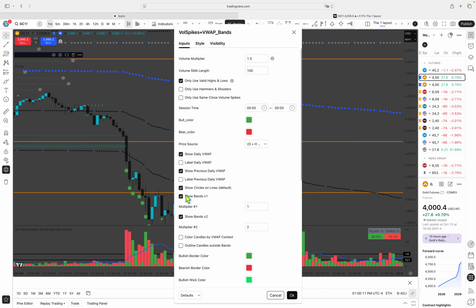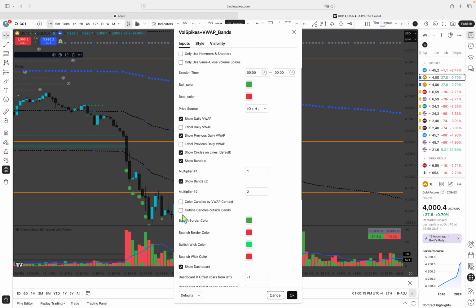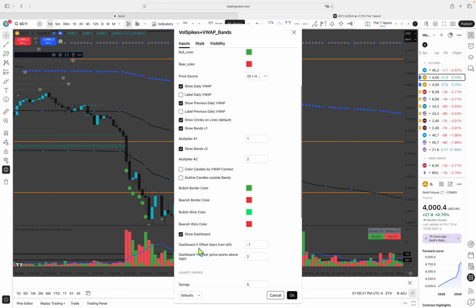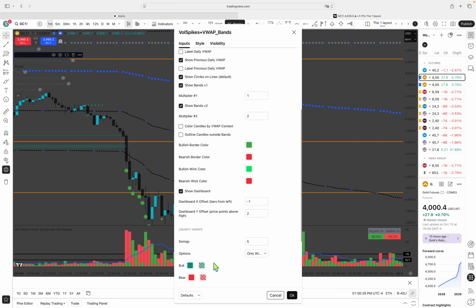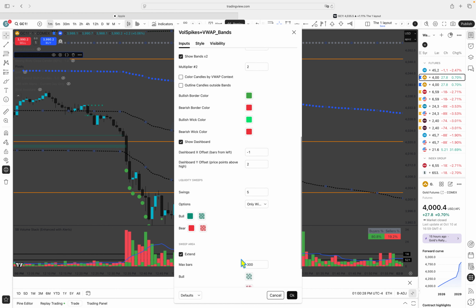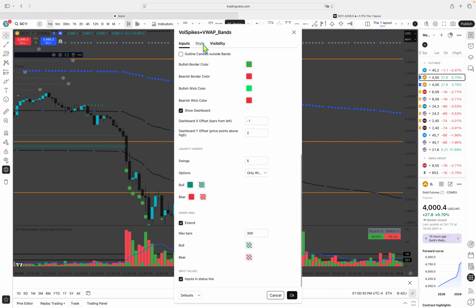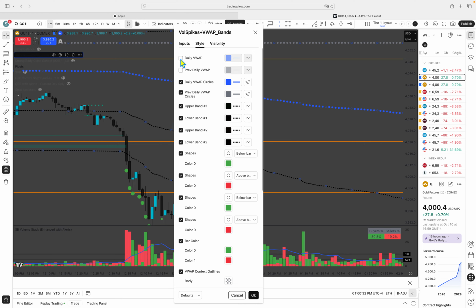I'll just let you guys take a look at this. I really didn't change too much as far as anything, just to show the standard deviation bands. I do have my dashboard up, which I believe you guys may have seen before. Swings, I didn't change any of the settings on any of this stuff here.